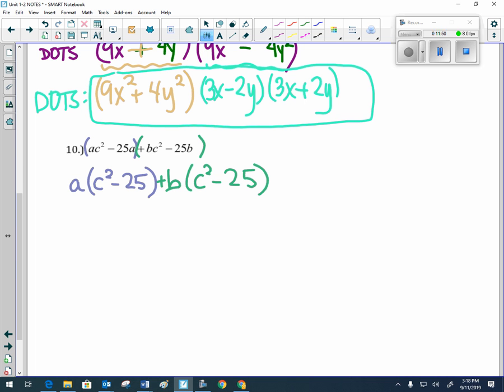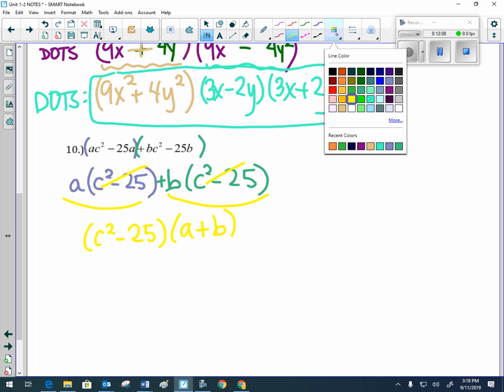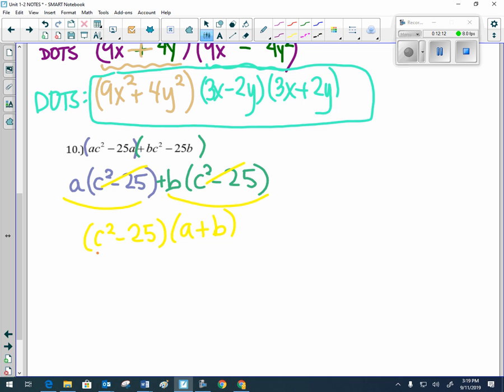And when I do factor by grouping, once I've done 2 mini GCFs, now I look at the 2 complete terms that I have here. Both of them have a c squared minus 25. So I'm going to factor that out, and what I'll be left with is an a plus b. At this point, I look to see if anything in my parentheses can be factored further, and what I notice is that this is a difference of squares problem.